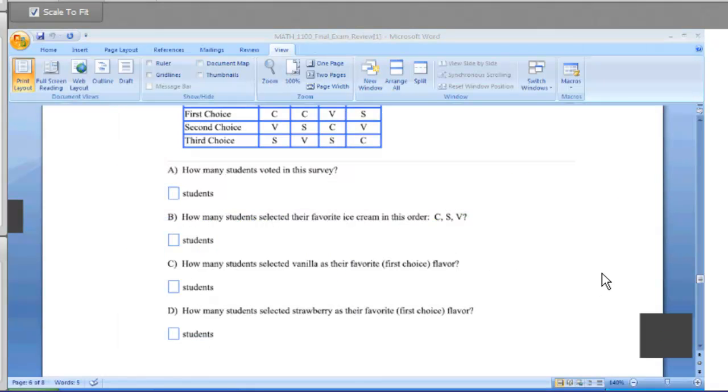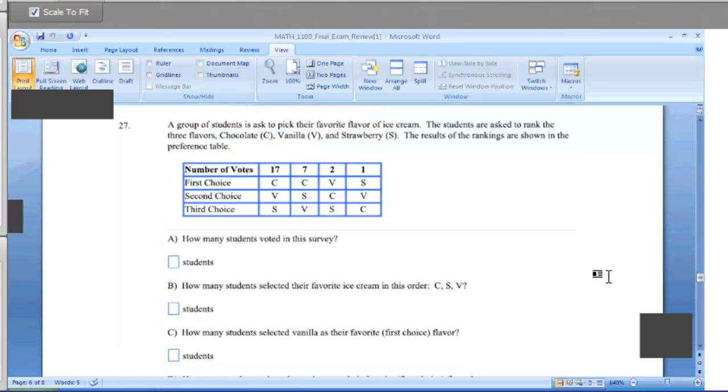Okay, for number 27, a group of students is asked to pick their favorite ice cream. The students are asked to rank the 3 flavors, chocolate, vanilla, and strawberry. The results of the ranking are as shown. How many students voted in the survey?